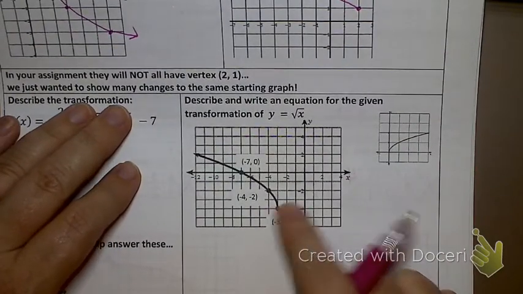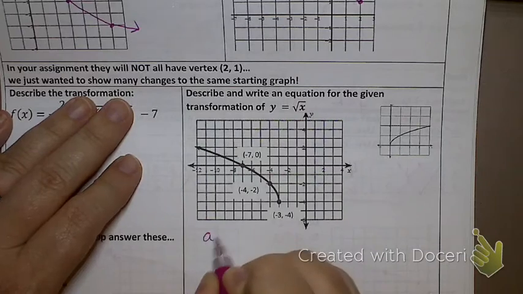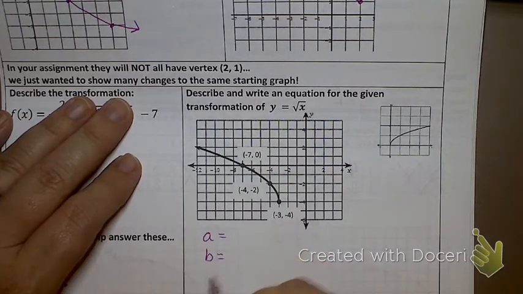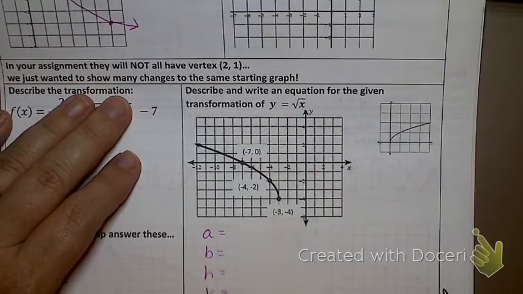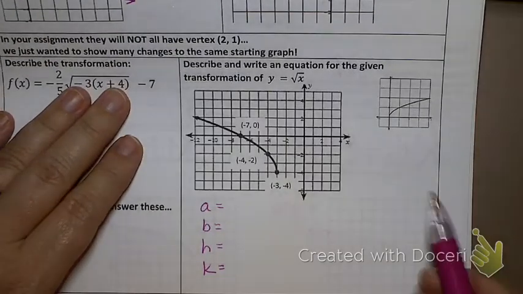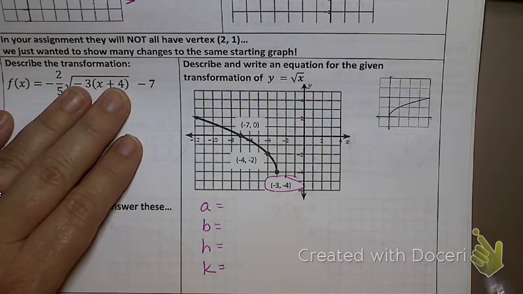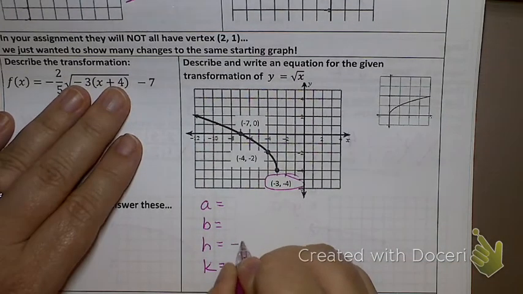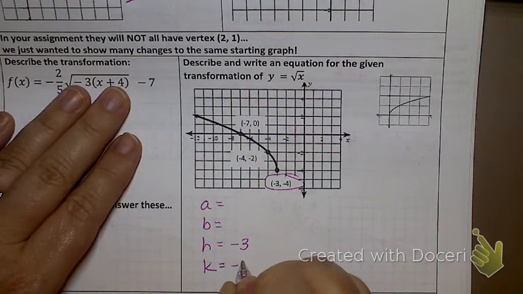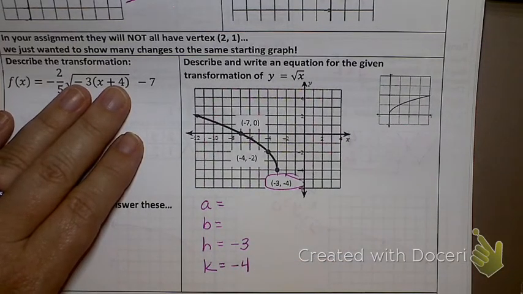Now, in our equation, we have A, B, H, and K. 2 of those letters should be super easy to find because of my new vertex. What letters does that give me? H is negative 3 and K is negative 4. Now I'm going to do that box thing.